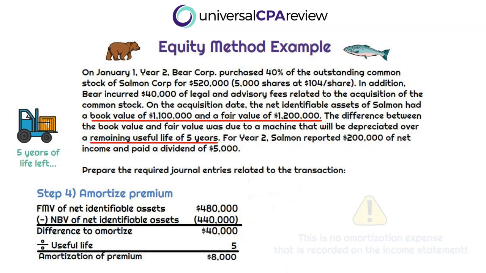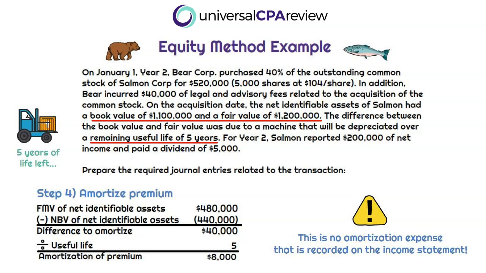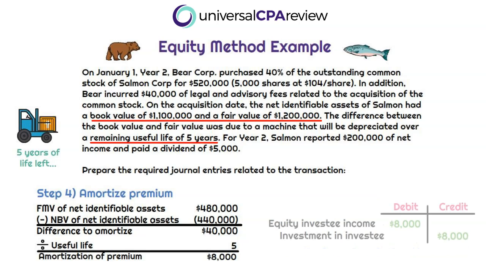What you may be thinking is that this amortization sounds a lot like amortization expense that we would record related to an intangible asset. And conceptually, this is correct, but we're not actually going to record amortization expense in the income statement like we would for an intangible asset. Instead, we're going to debit the equity investee income account.